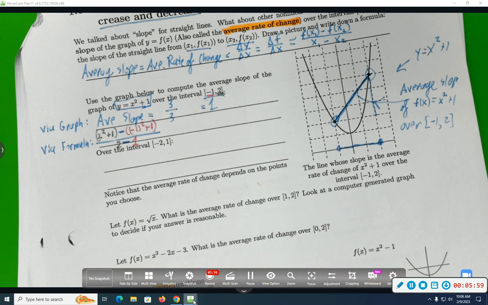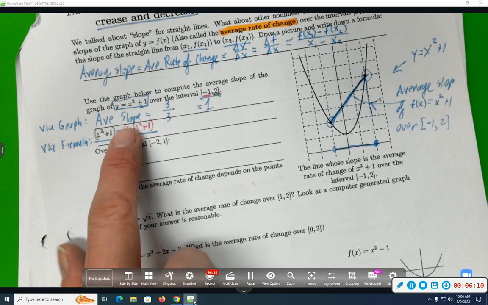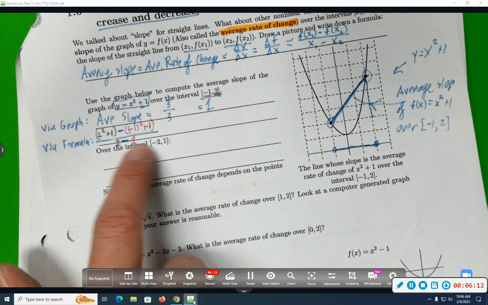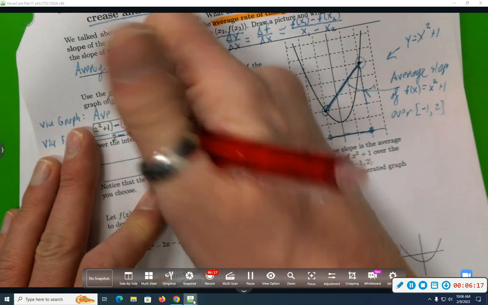People happy with where those things came from? So I plugged in x equals 2 in the green to this formula. I plugged in x equals negative 1 to the same formula. Then I divided by 2 minus negative 1.